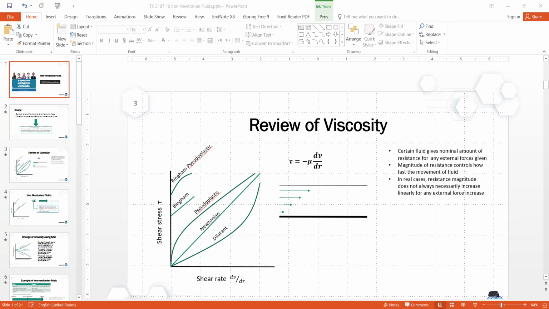This is the shear stress, this one is the shear rate, and this one is called the viscosity.